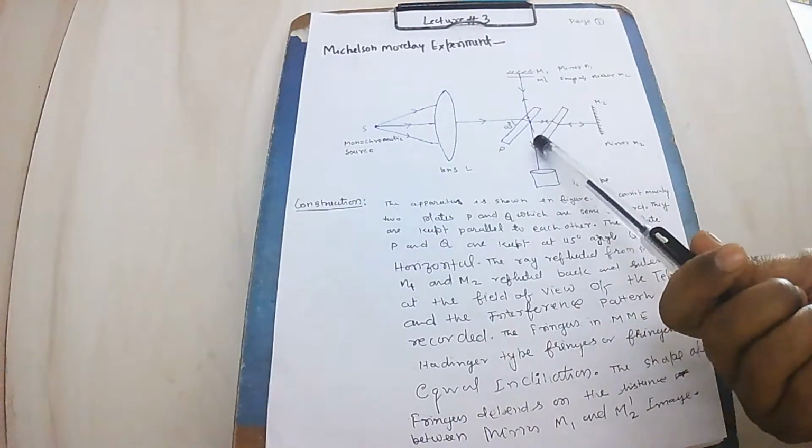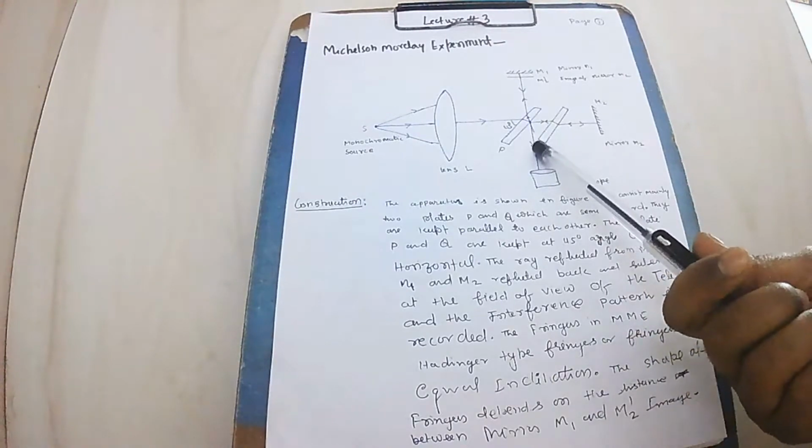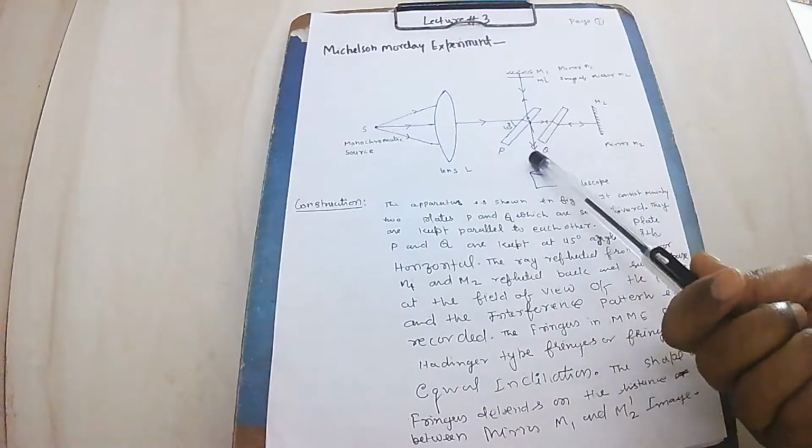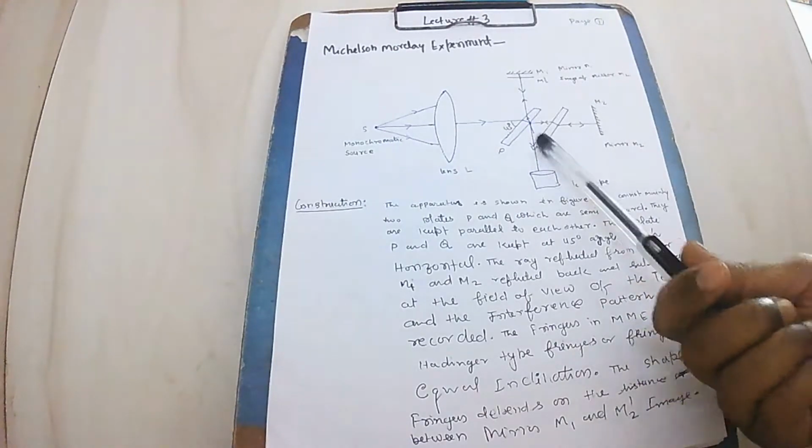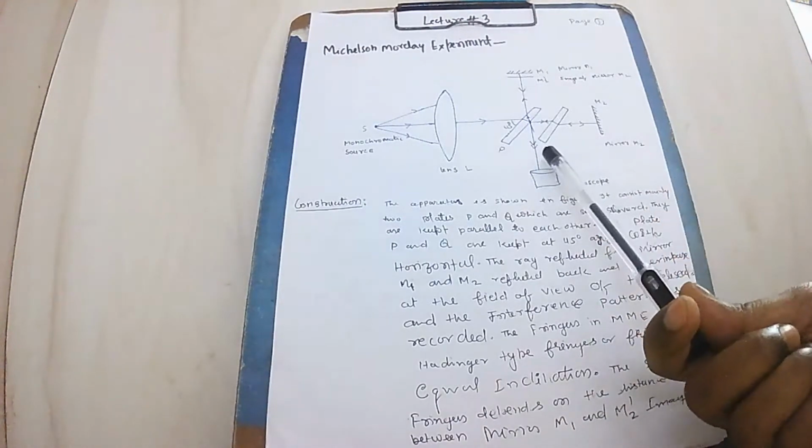Because of their superposition, we get the interference pattern, and that interference pattern can be seen by the telescope. So how are the interference fringes formed? The fringes in this experiment are equal inclination fringes.